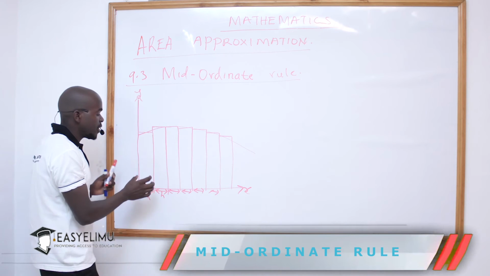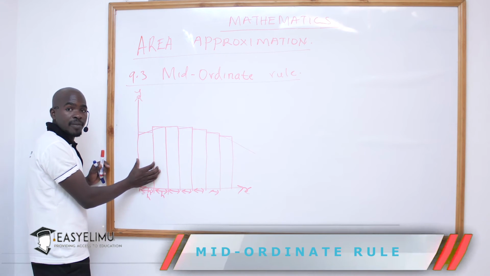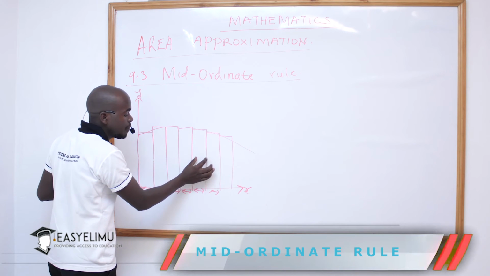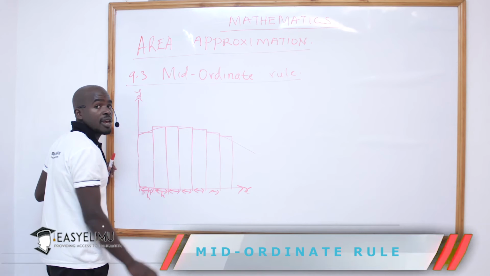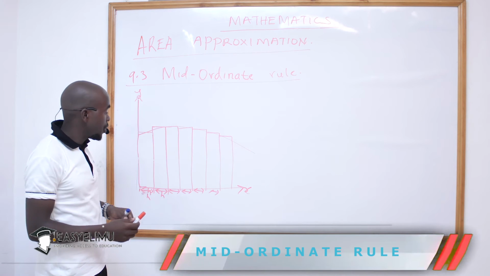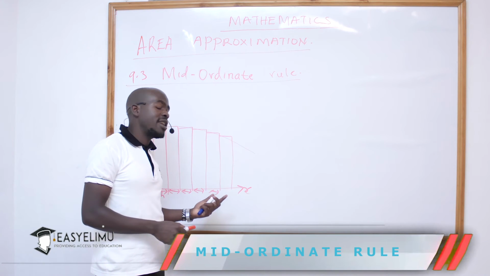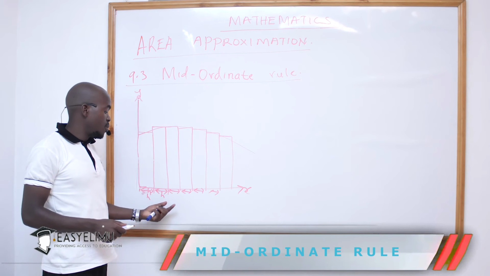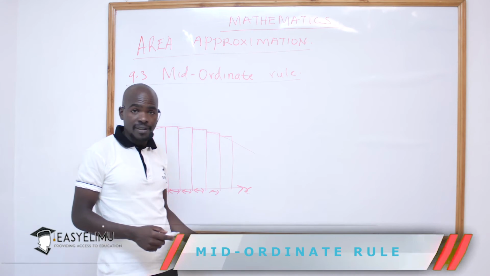The number of strips I'm referring to is this: first strip, second, third, fourth, fifth, sixth, seventh. Like mine, I divided it into 7 strips, giving me the width h.